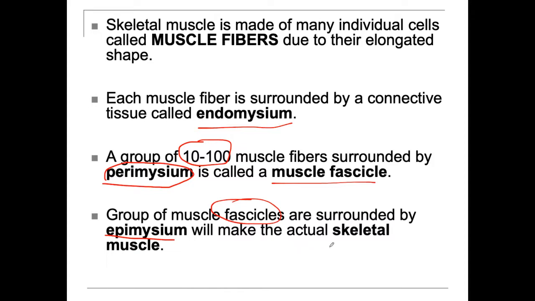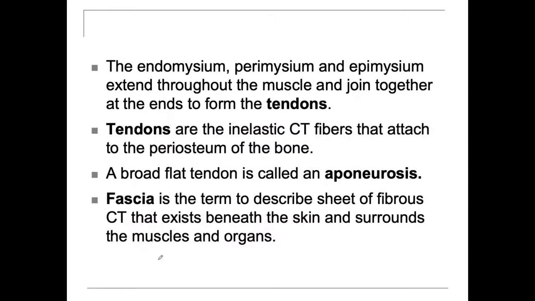And then the epimysium surrounds the entire skeletal muscle. Now, tendons are going to transmit the contractile force to the bone, to the periosteum of the bone, to move it. There's a type of tendon that's called an aponeurosis.